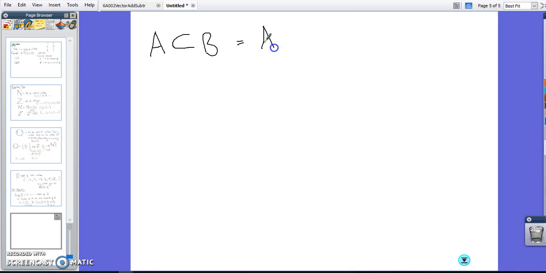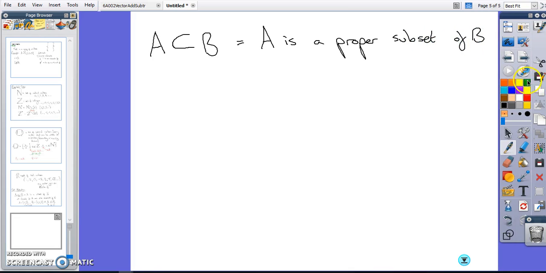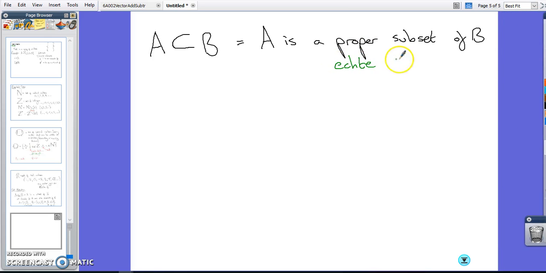This is read as A is a proper subset of B. And I forgot to give you the German. I'll put the German here. And so you see subset is Teilmenge, and proper subset echte Teilmenge.